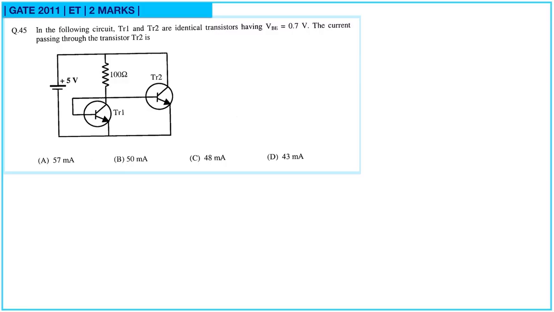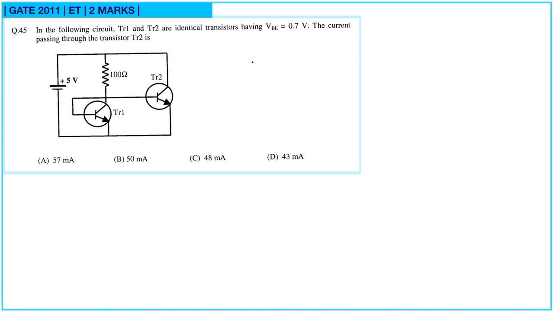Question 45. In the following circuit, transistor 1 and transistor 2 are identical transistors having VBE equal to 0.7 volt. The current passing through transistor 2 is equal to. So this is transistor 2 and we want to find current passing through it. Now see. We want to find current passing through this conductor and the voltage across it is 5 volt. And out of this part, this is a base emitter junction and VBE is given, that is 0.7 volt.